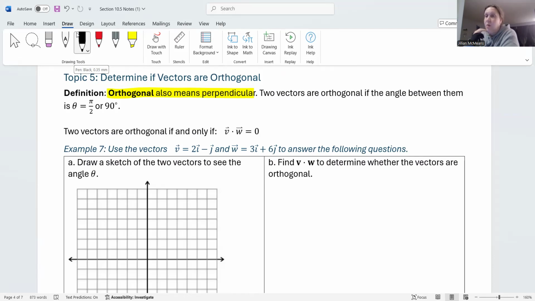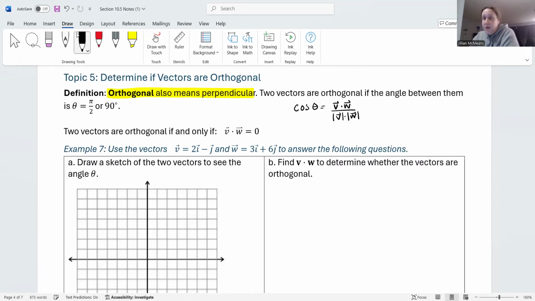Okay, now remember, when we're talking about the angle between vectors, we know that cosine of the angle between two vectors, let's say v and w, is equal to v dot w over the product of the magnitudes of v and w.